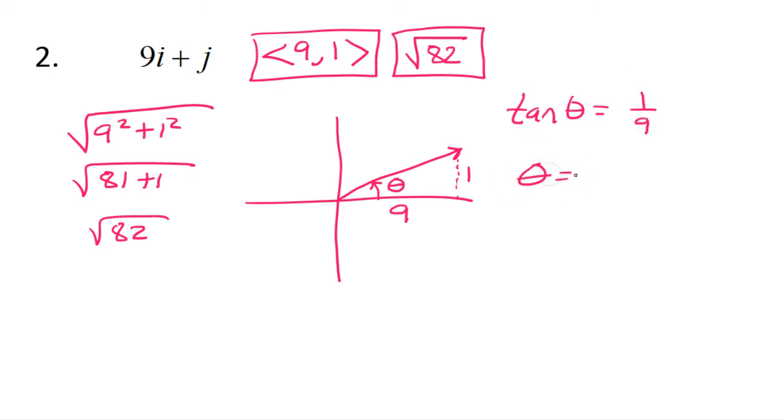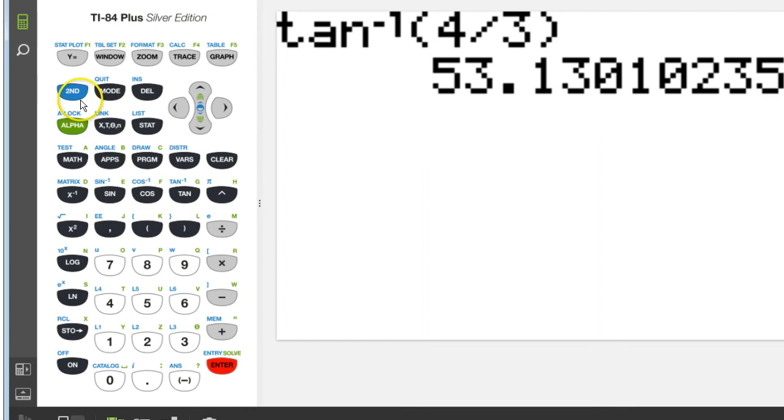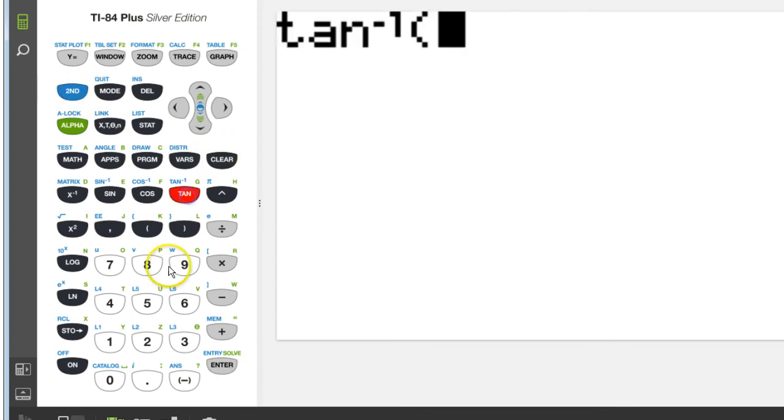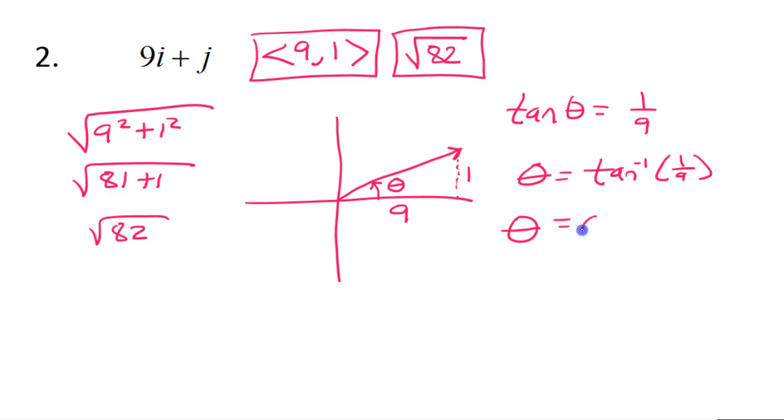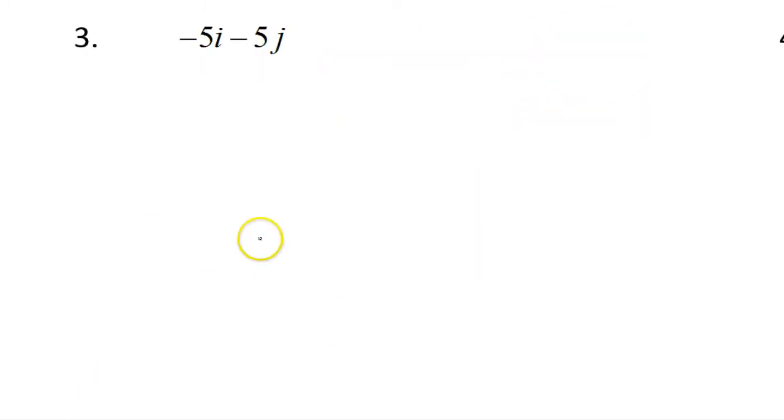That means theta should equal the inverse tangent of 1 over 9. So consulting the calculator, inverse tangent of 1 over 9. That is 6.34 degrees. Alright, so that's the direction for number 2.